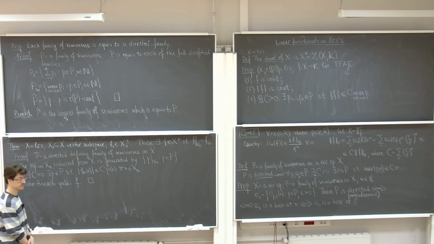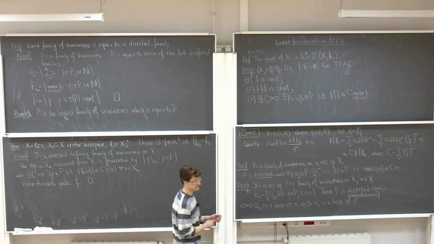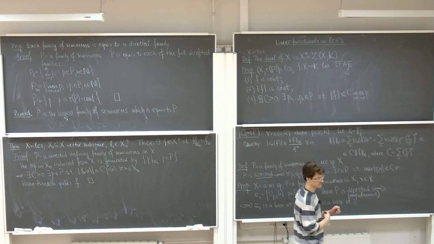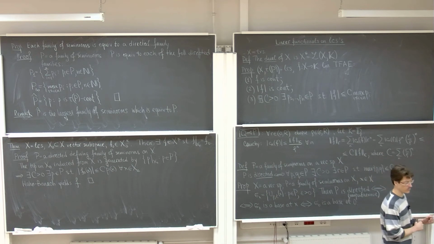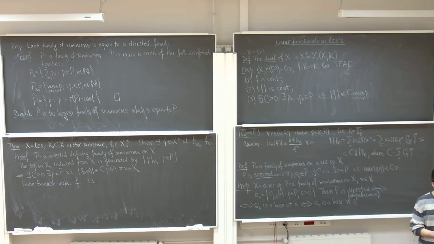If it's true for X0, then why is it immediately true for X? By the Hahn-Banach Theorem. So what is the Hahn-Banach Theorem?